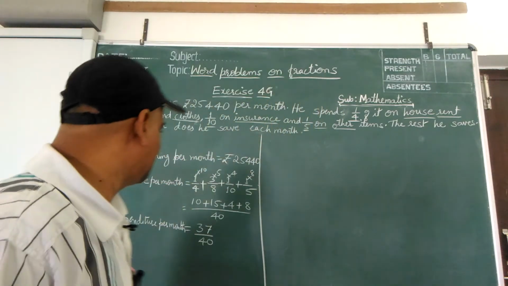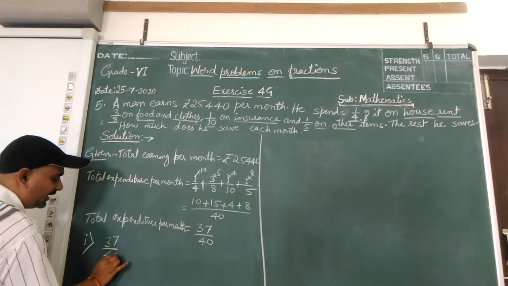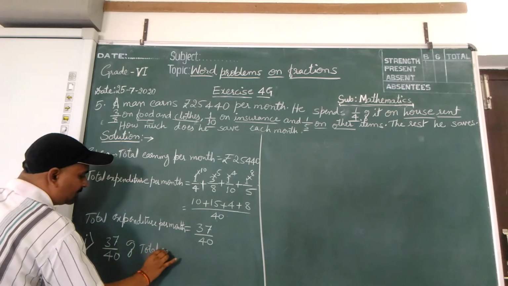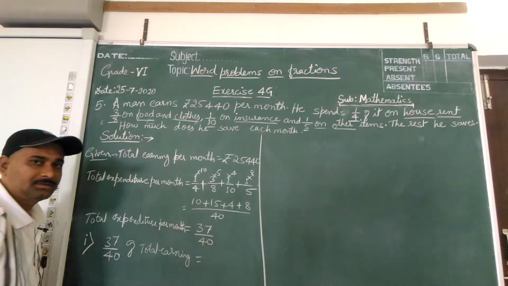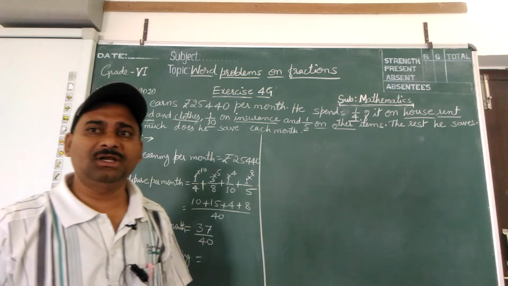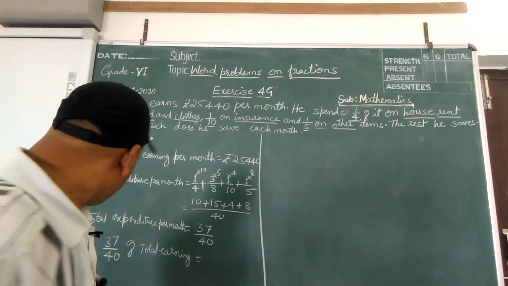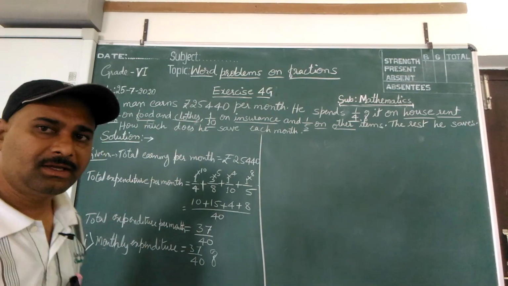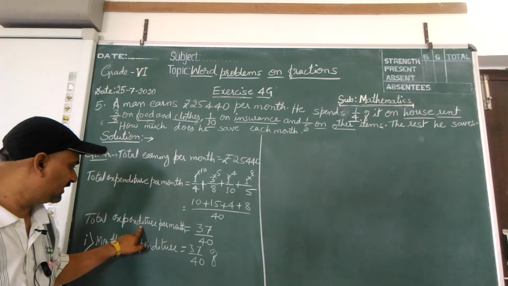How much is he spending? 37 by 40 of the total earning is his monthly expenditure. The total earning is 25,440.